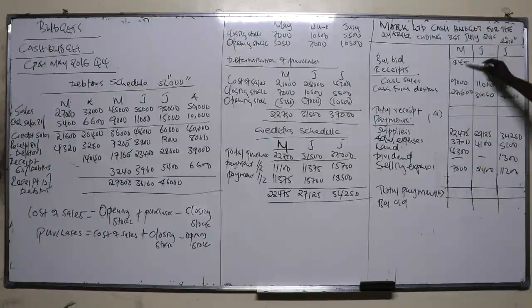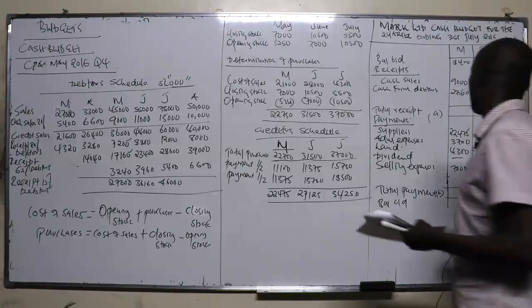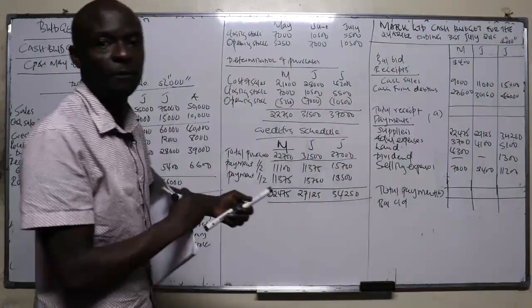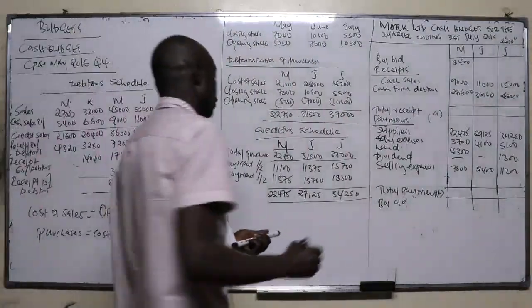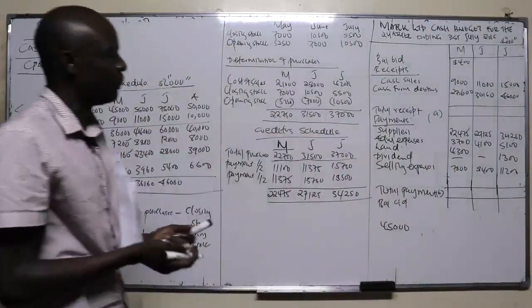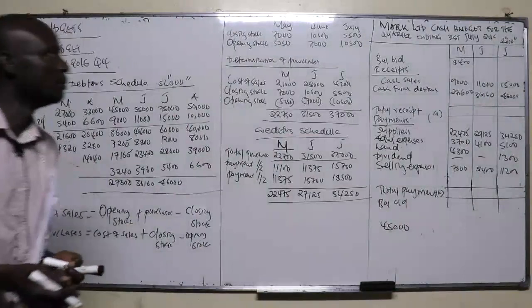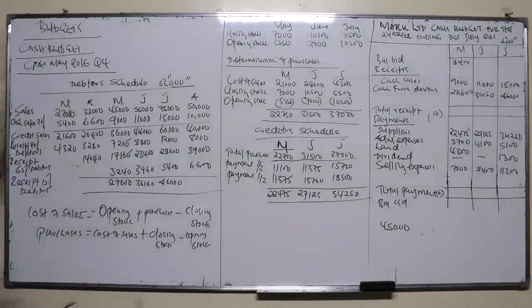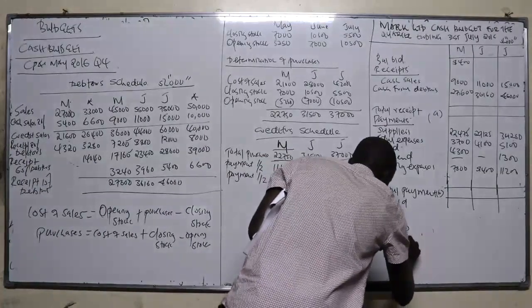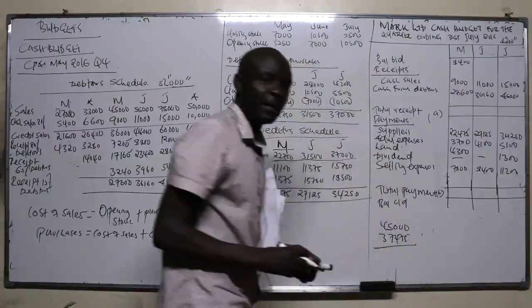So can we add this total? 8,400 plus 9,000 plus 27,600. What do you get? 45,000. And then you add the payments: 37,475.